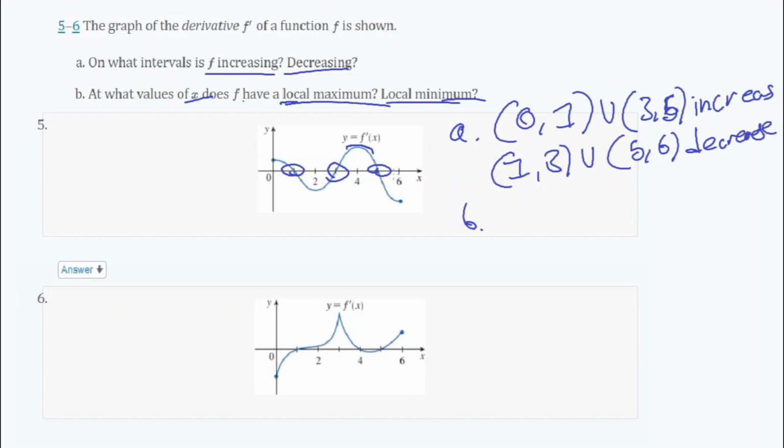And now B is asking us local maximum or minimums. So just so you can visualize it, if a graph is decreasing and then it's increasing, we have a minimum. And if a graph is increasing to decreasing, we have a maximum.